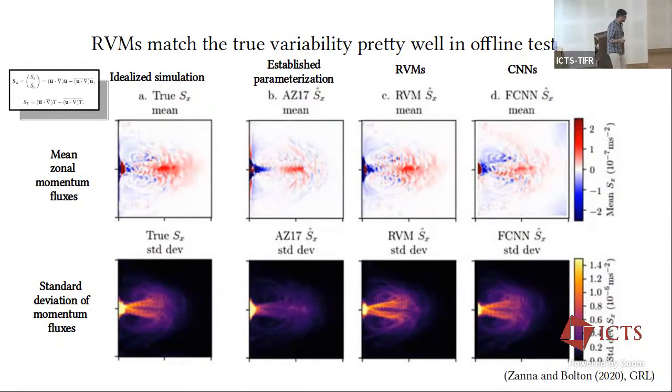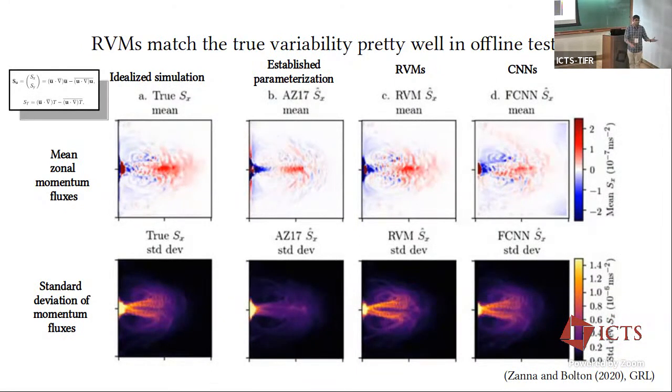Now, these are all RVMs. As I mentioned, RVMs perform pretty well in this case in offline tests, when not coupled with the actual code. But when you actually couple these models to the code and generate the eddy fluxes in real time, the study found that the CNNs perform much better.